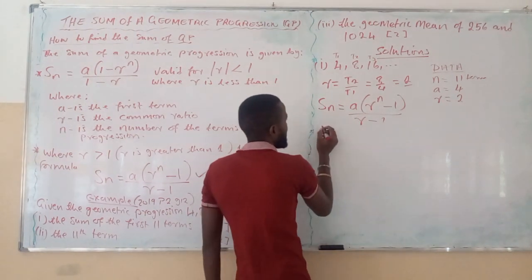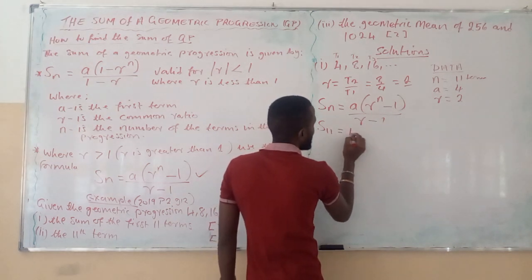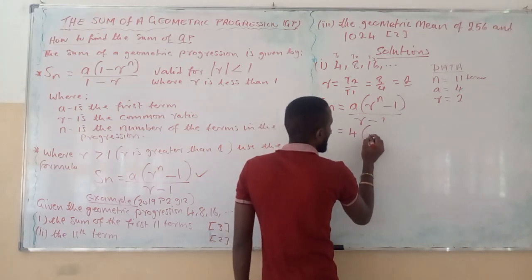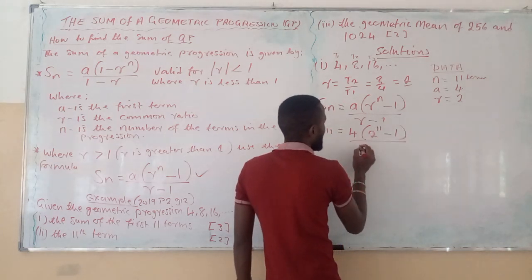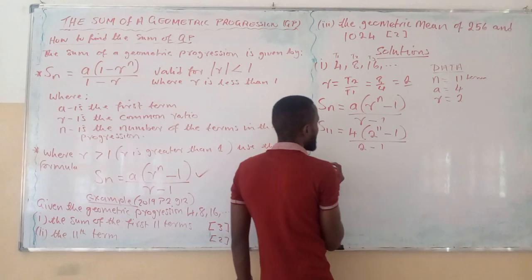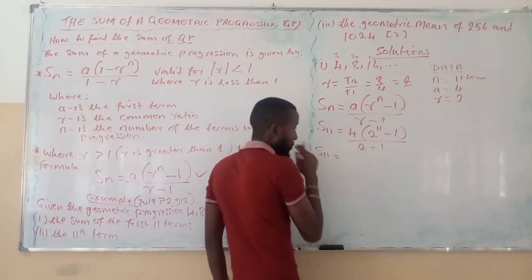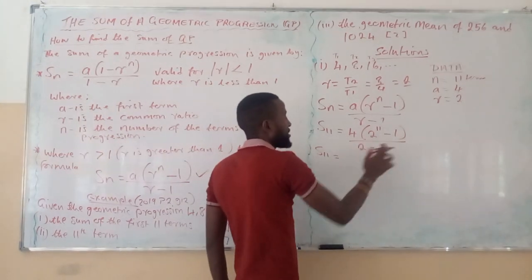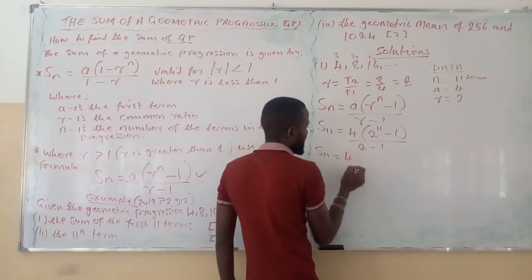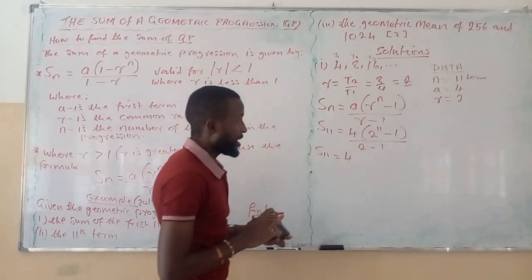Okay, so I'm going to say sum of the 11th term is equal to first term 4, open brackets, 2 to the power 11 minus 1, close brackets, over 2 minus 1. So we simplify the brackets first, so we just leave the 4 outside and simplify the brackets. 2 to the power 11.